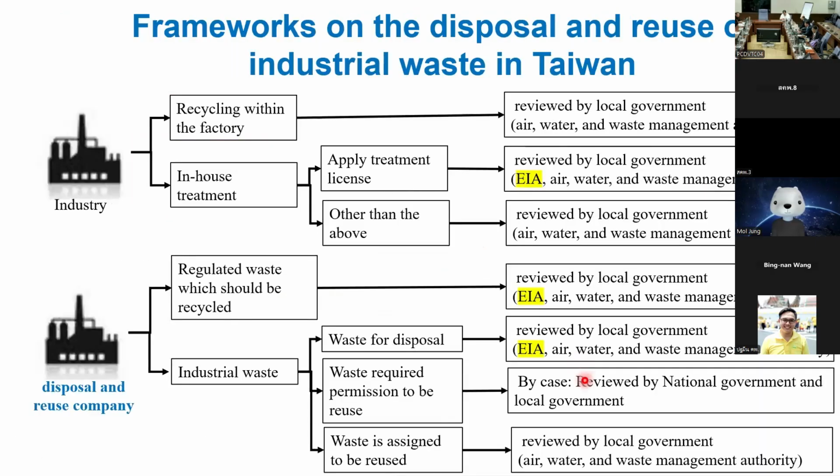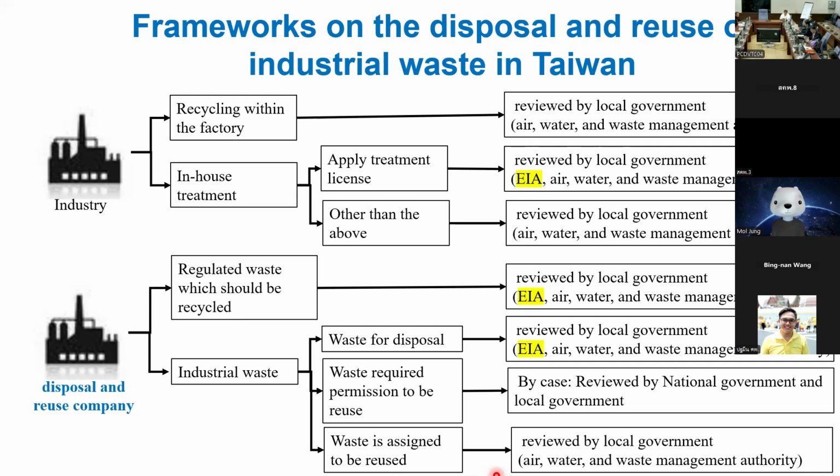For the disposal and reuse of industry waste in Taiwan, the framework is that industry waste can be handled by the industry themselves, or they have to entrust waste removal and disposal companies.